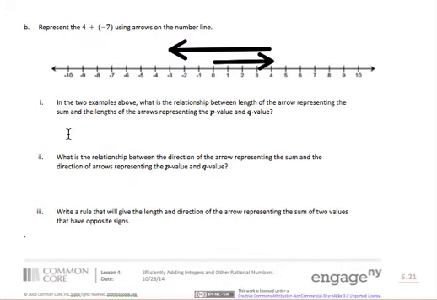In the 2 examples above, what is the relationship between the length of the arrow representing the sum and the lengths of the arrows representing the p-value and q-value, or representing the 2 numbers that we are adding? The length of the arrow of the sum is actually the difference between the lengths of the 2 arrows representing the problem.